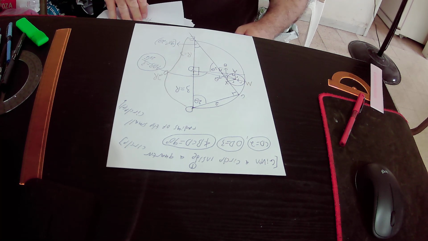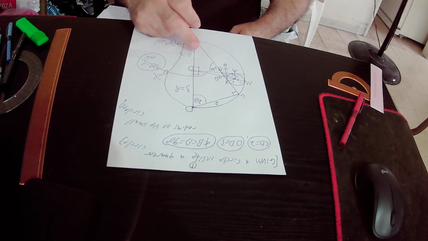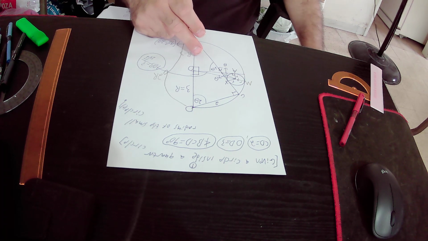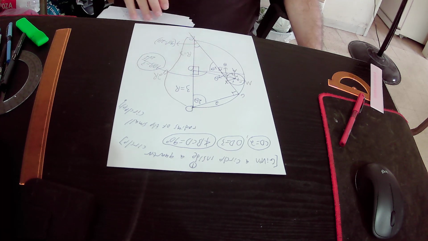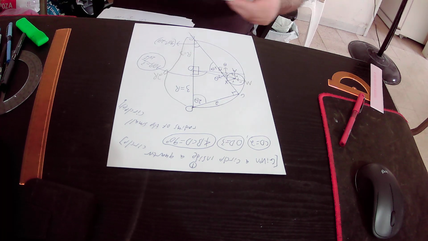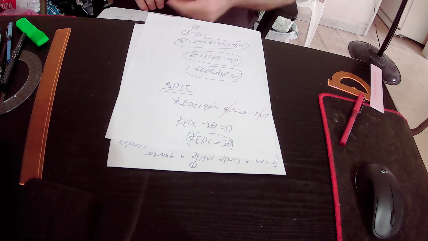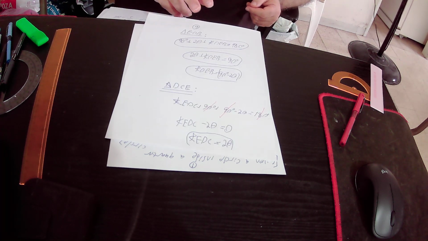And we focused on triangle EOB. We know that the sum of the angles in triangle EOB equals 180 degrees. So in the right triangle EOB, 90 degrees plus 2 theta plus the size of angle OEB equals 180 degrees.